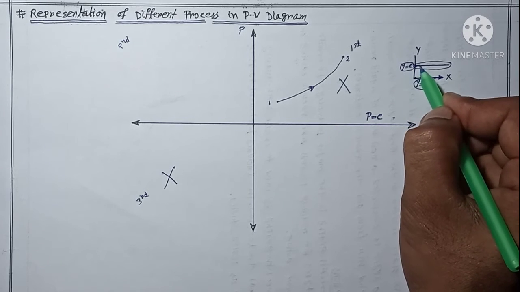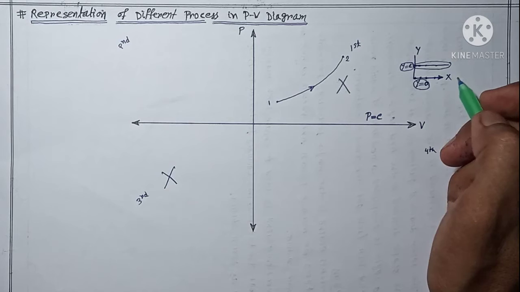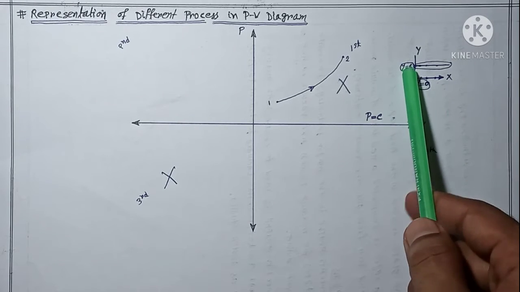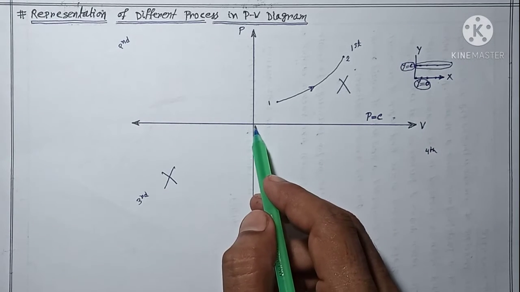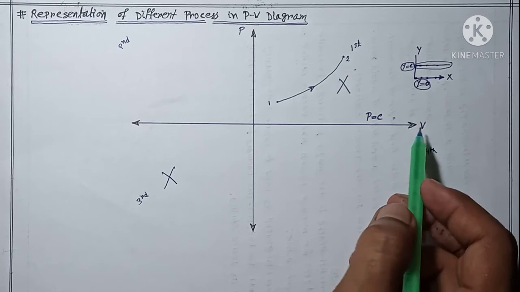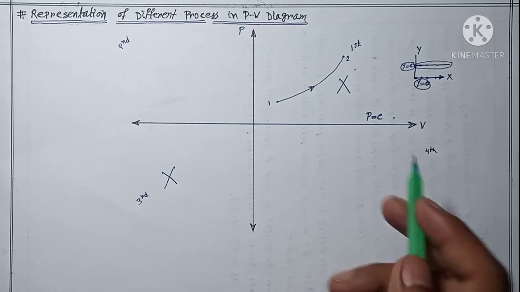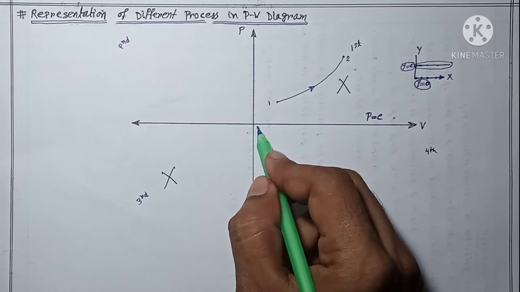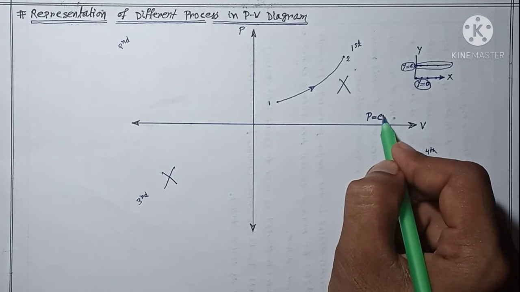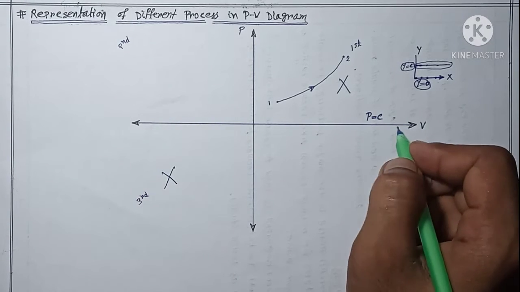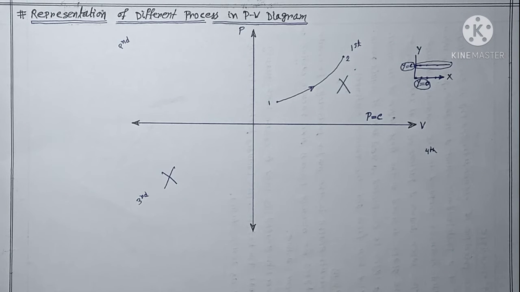This c value does not vary from point to point, meaning y is constant. The same concept: on the axis which represents the volume, pressure is constant. So this axis represents the constant pressure axis, meaning the isobaric process.